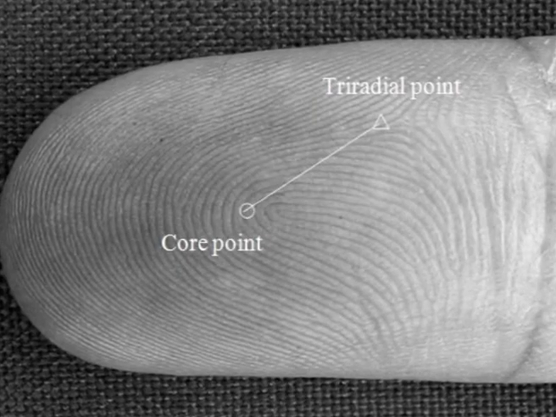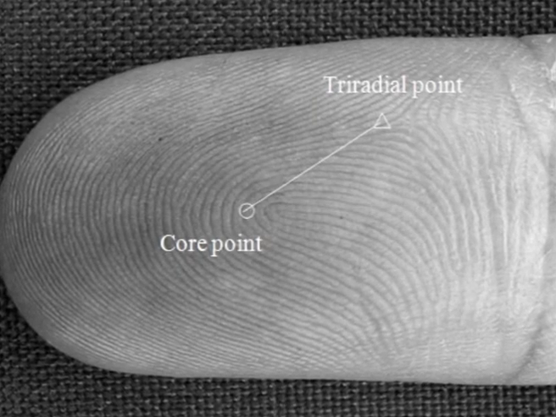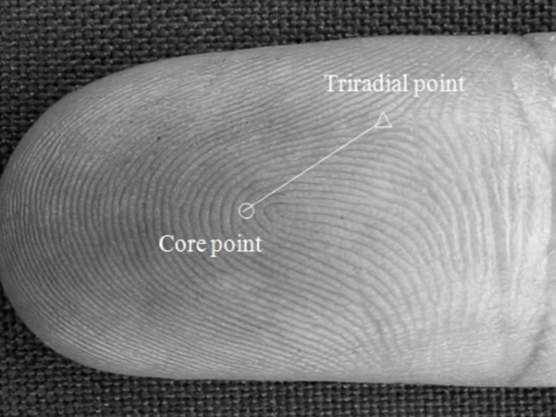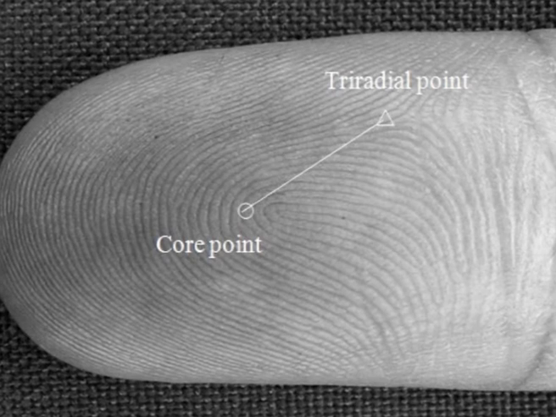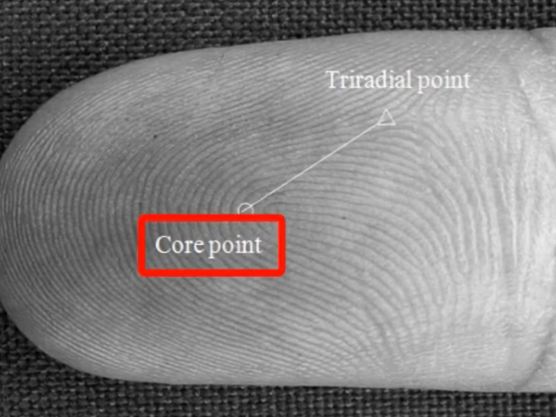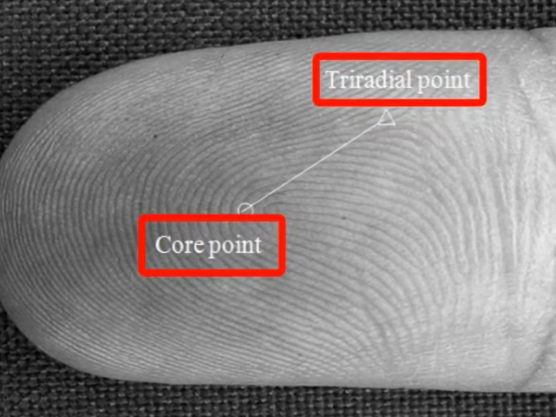Ridge count is the number of ridges crossing, touching or intervening an imaginary line drawn between core and delta. Neither core nor delta is included in the counting procedure. For the determination of accurate ridge counting, the examiner must locate the exact core and delta.